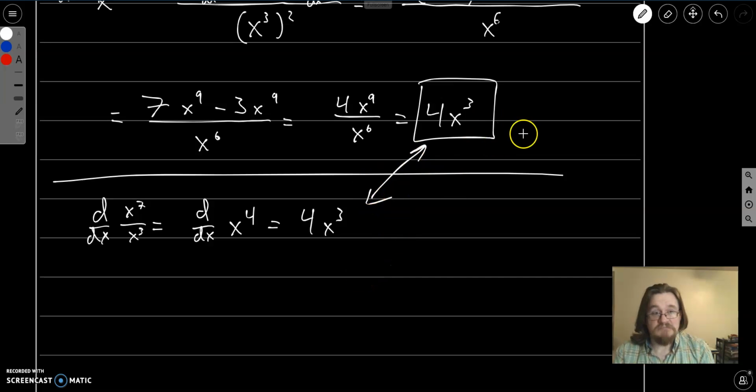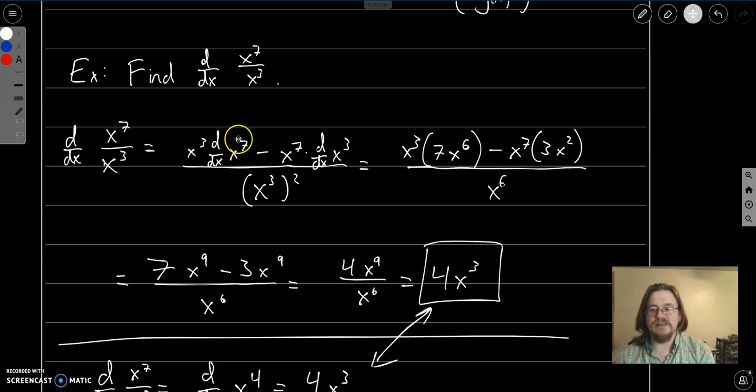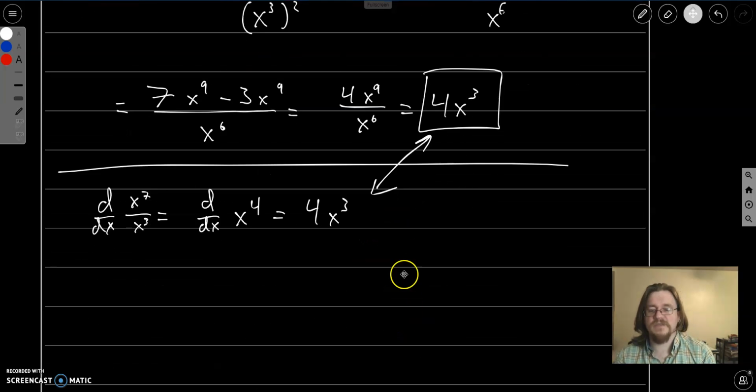So this is sort of a nice check to see that, yeah, the quotient rule is working as intended. And again, here, I can use the quotient rule and go through all these steps, or if I can simplify this, I might as well just simplify it first and save myself the trouble.